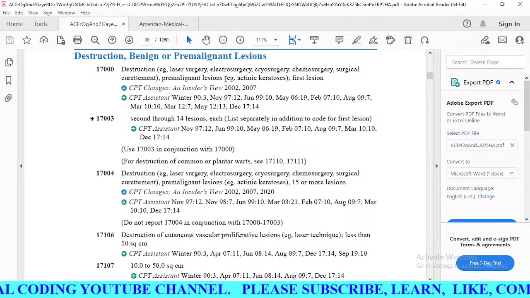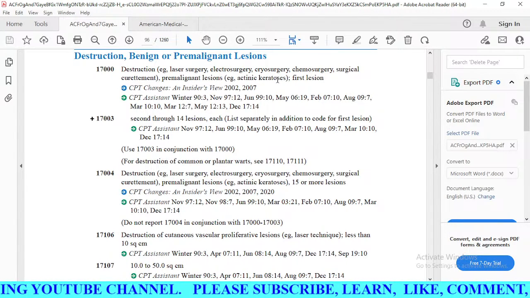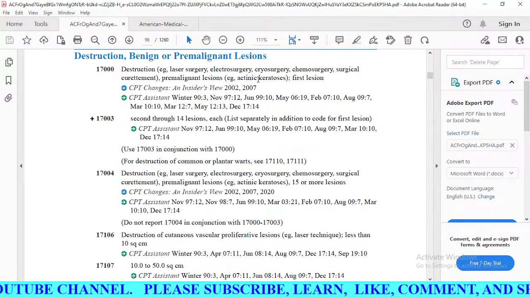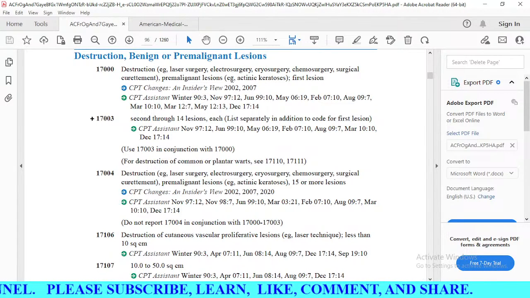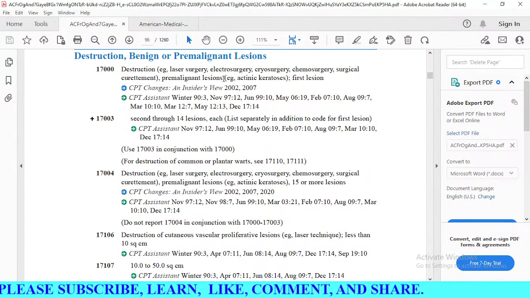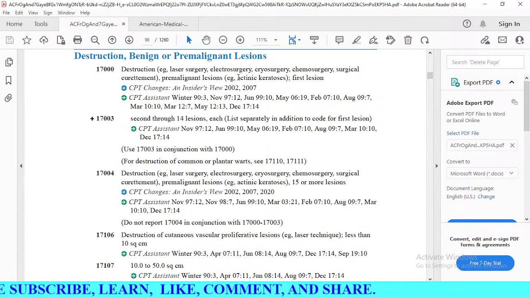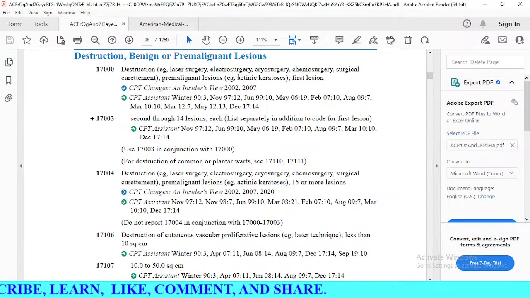Pre-malignant lesions, for example actinic keratosis, are usually pre-malignant. These are examples; you may find more lesions.